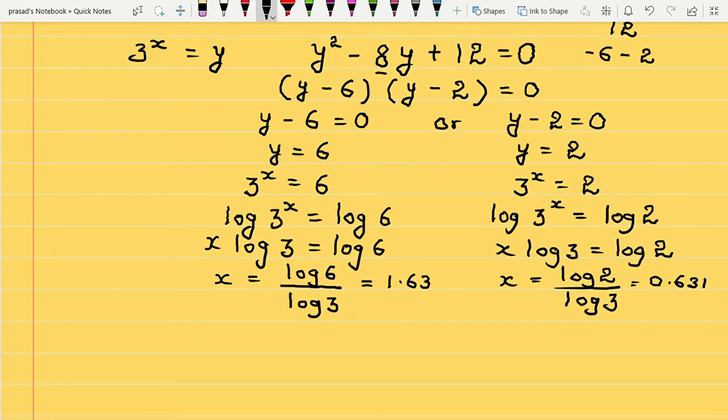And hence, two solutions of this equation are x is equal to 1.63 or x is equal to 0.631.